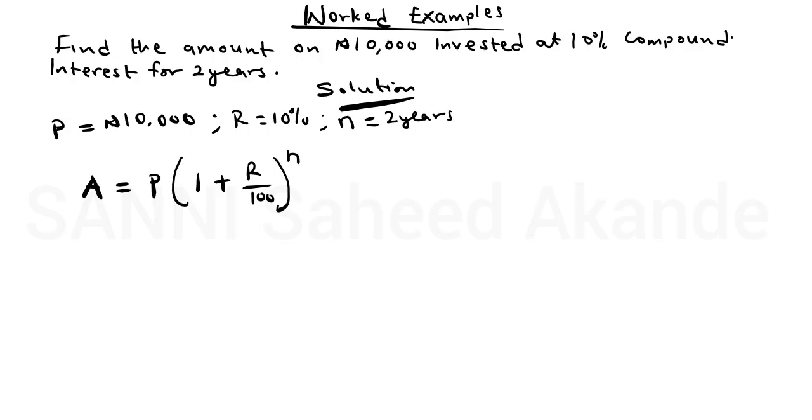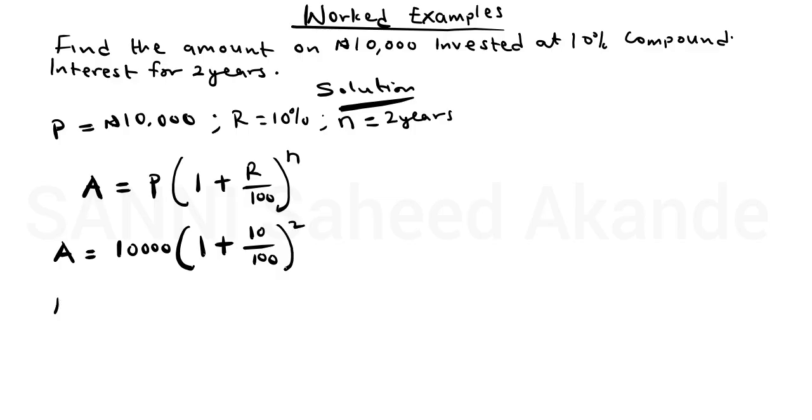All these parameters, I'm going to substitute into this formula. Then I have my amount equal to P, which is 10,000 naira, times open bracket 1 plus R, which is 10, divided by 100, then everything raised to power n, which is 2. Understood? Let's solve this further.